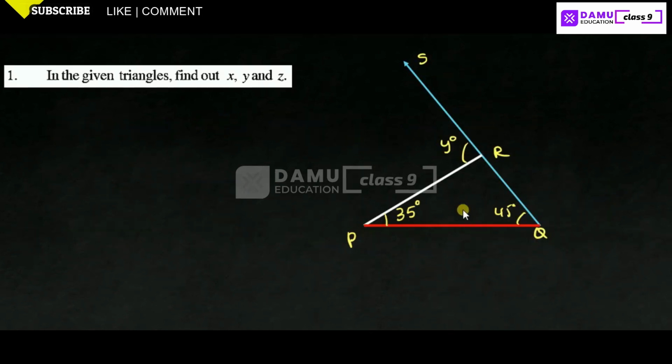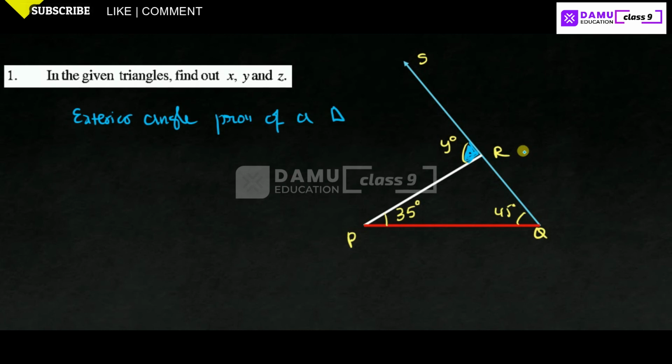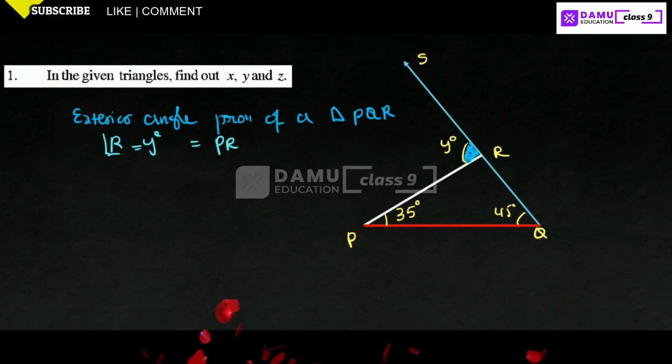So here we need to find the y degrees. As I told in all the previous values, this is from the exterior angle property of triangle. In triangle PQR, angle R is nothing but angle PRS, the exterior angle we are taking outside.